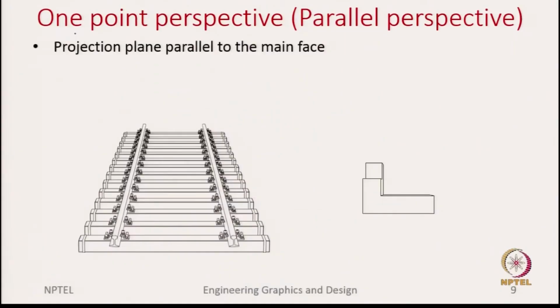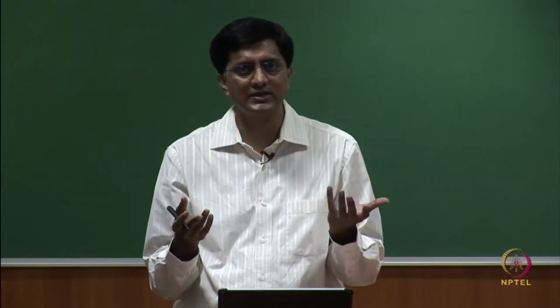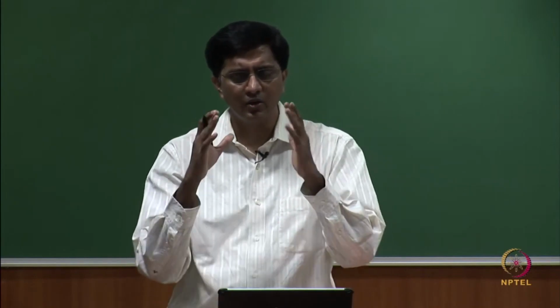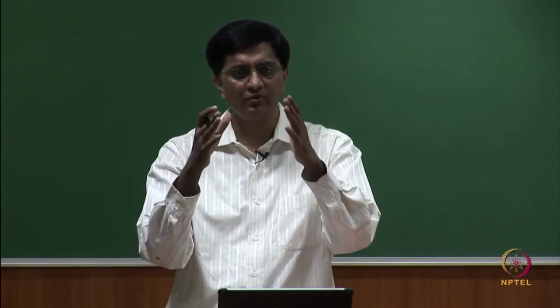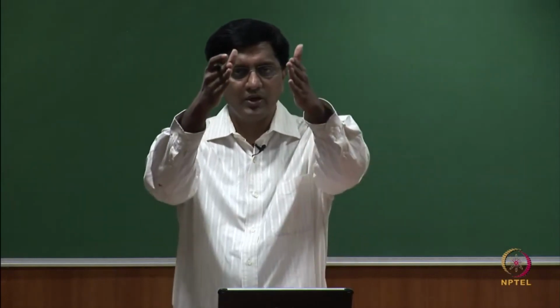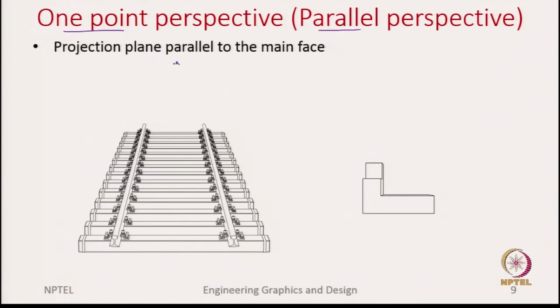So, here is the 1-point perspective, also called parallel perspective. Previously I was mentioning you standing in a long corridor, but we have all seen this, at least the picture, if not in reality: looking at railway tracks which are very long, you have a feeling that these tracks are meeting each other at a far distance, converging.